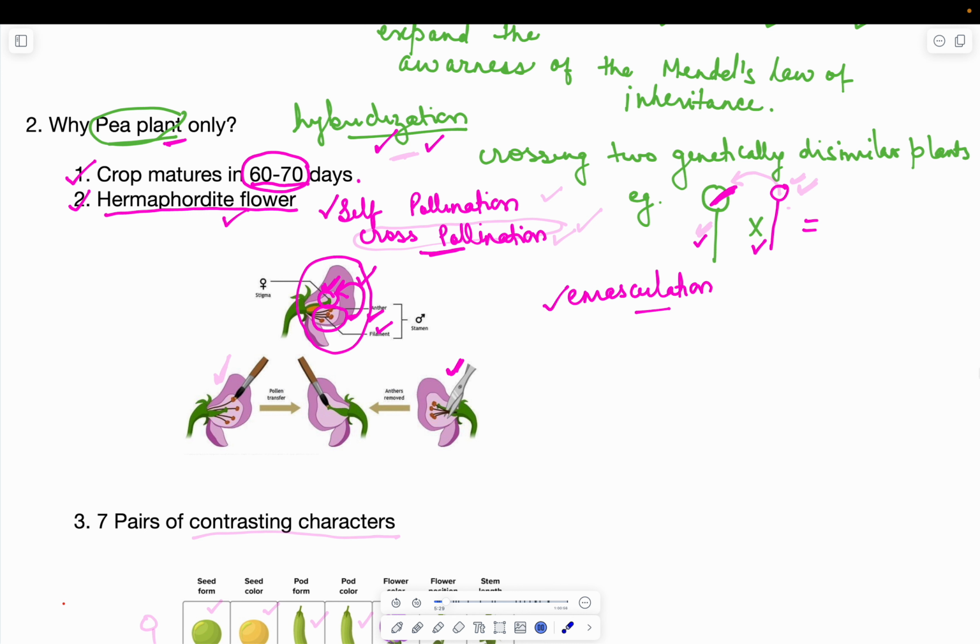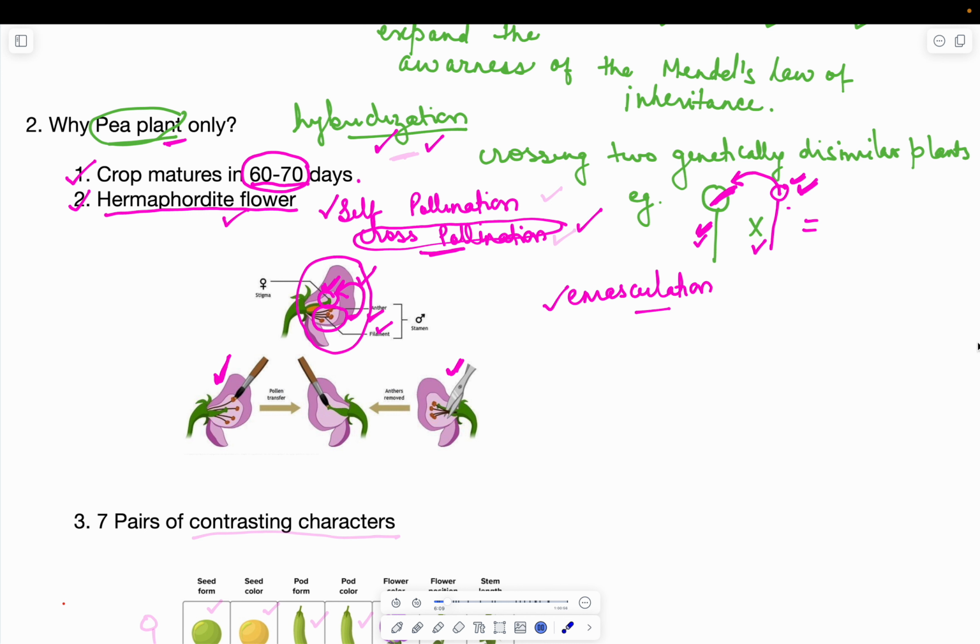So he will emasculate this variety of the pea plant, because he is considering this plant as a female plant, right? Now he will collect the pollens from some other plant. He'll collect the pollens of this pea plant, because he's considering this as a male pea plant. He will collect the pollens and dust them onto the stigma of this flower, the green variety. So this is how cross-pollination or cross-breeding is done.